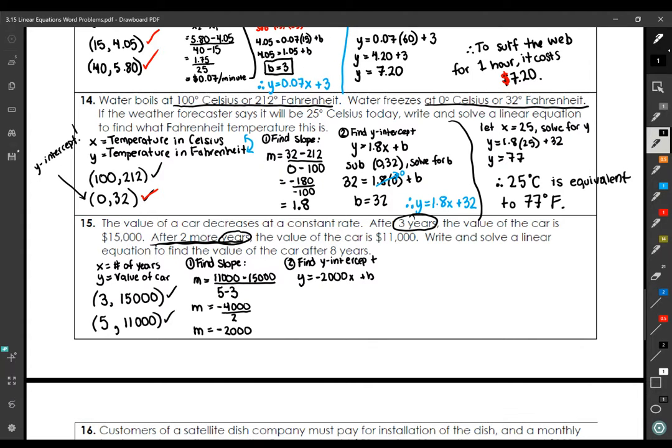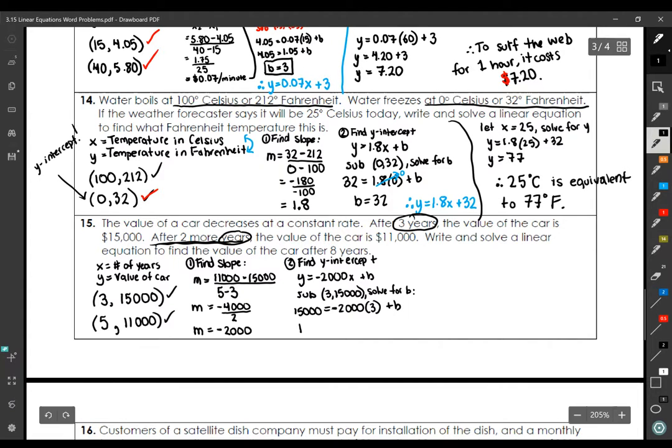I'll put in the first point. So I'm going to substitute the point 3, 15,000, and I'm going to solve for b. So we get 15,000 as my y, negative 2,000 times 3 plus b.